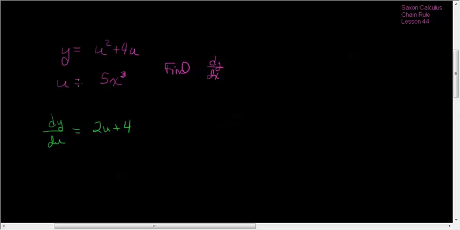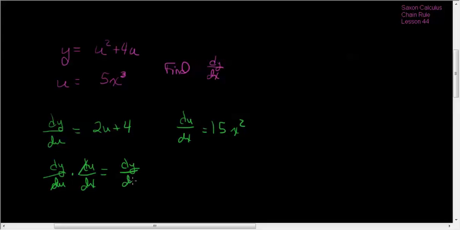Well, what's du/dx? du/dx is 15x squared, right? 3 times 5, drop it down 1, 15x squared. So to get dy/dx, I just take dy/du times du/dx, the du's cancel, and I'm left with dy/dx.